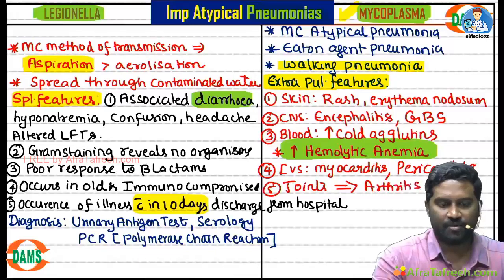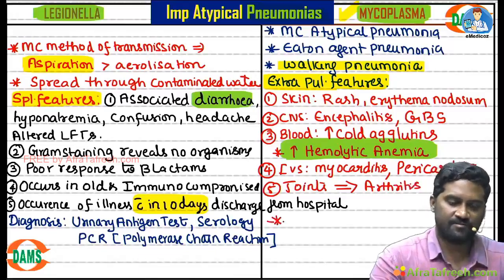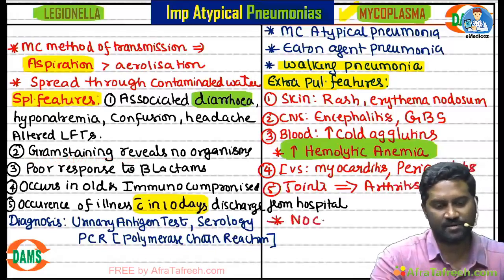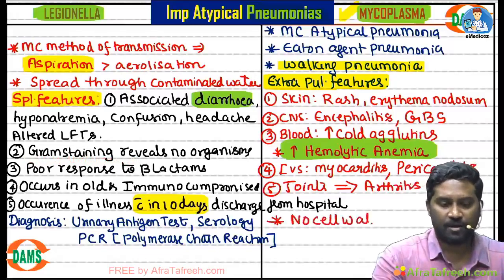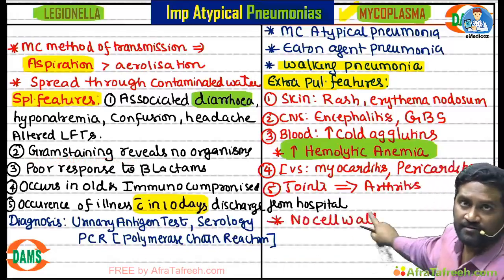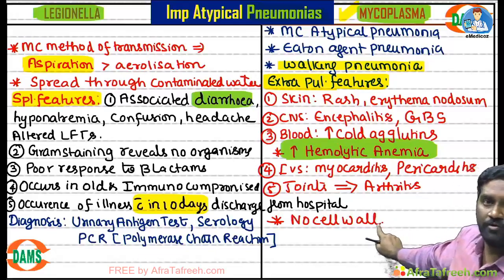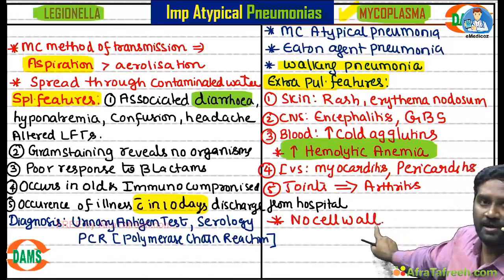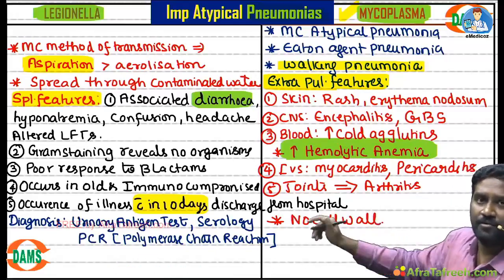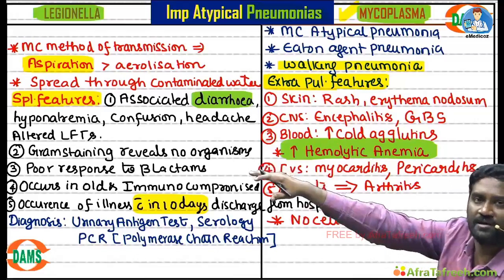And one important feature of the mycoplasma organism is that there will be no cell wall. Now how will this feature of having no cell wall influence diagnosis and treatment? Because there is no cell wall, you cannot do gram staining.